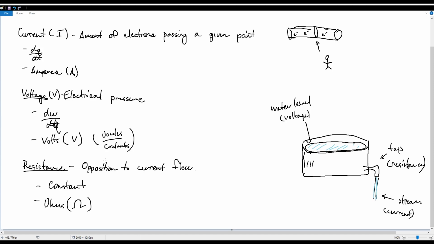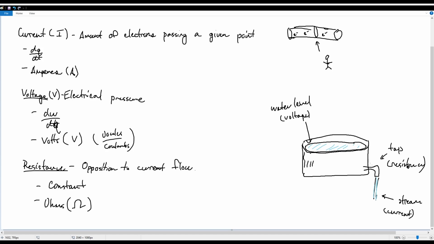Either way. Also, right here to the right is pretty much an analogy of what these things are. If you can't recognize it, this is a water tank, and the water level is the voltage, right?